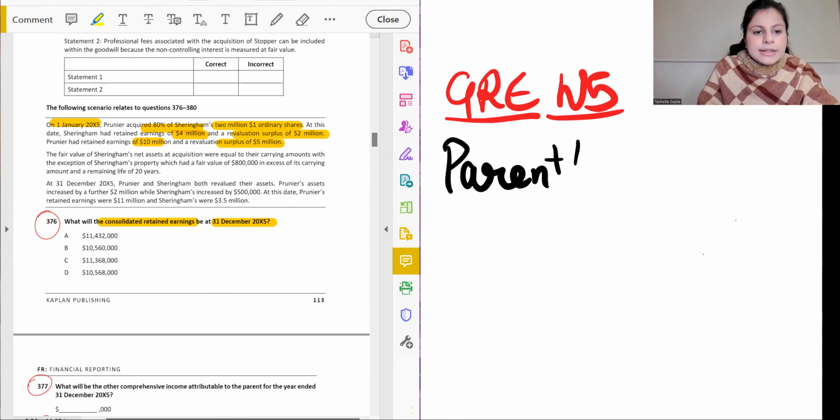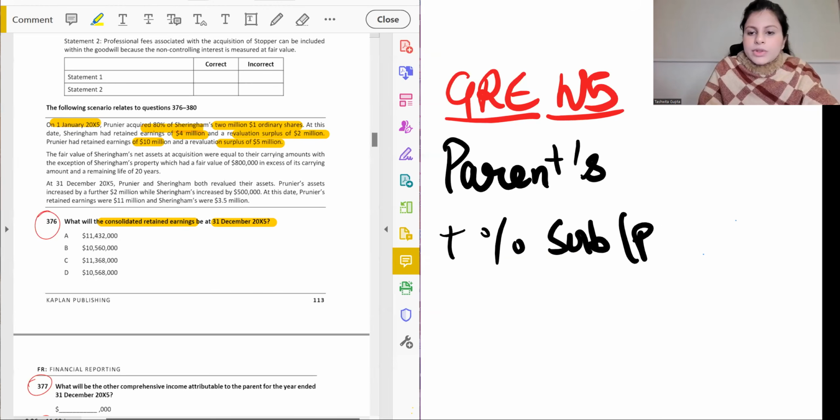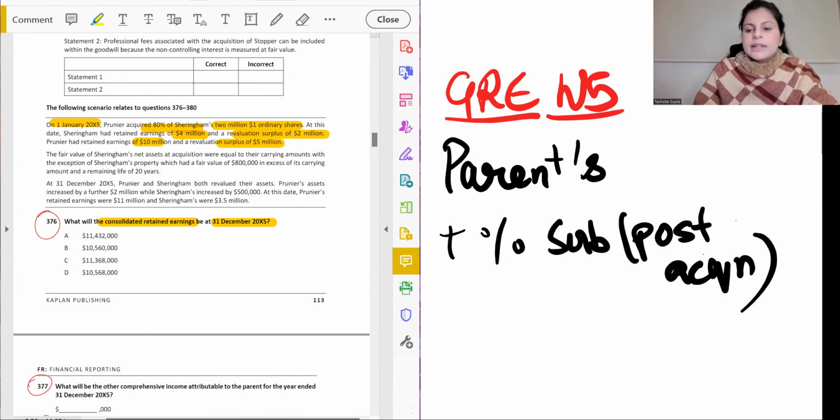Then I need to take the parent's share in the subsidiary's post-acquisition movement of net assets. That's what I need to do. They have given me, at the acquisition date, the subsidiary's retained earnings was 4 and the revaluation surplus was 2.